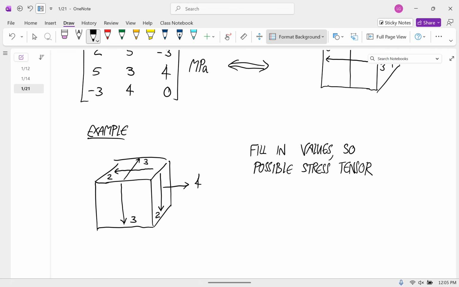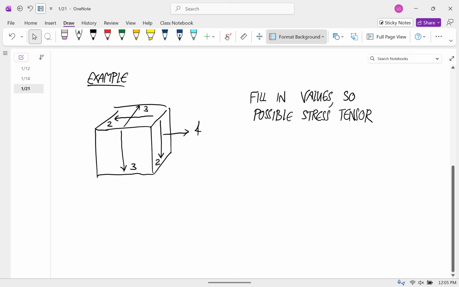And now all of those shear stresses have a corresponding one, so if we fill out that stress tensor now, it would be 4, -2, 0, -2, 0, -3, 0, -3, 0.